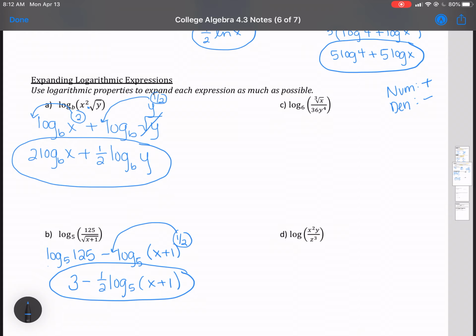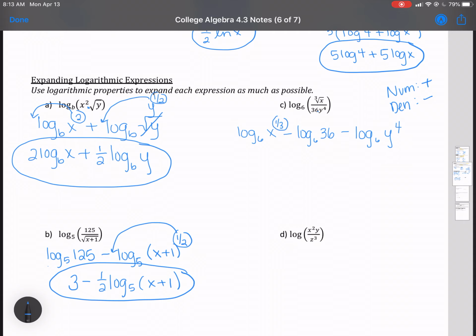If we look at the numerator, we have log base 6 of the cubed root of x, which I'm going to rewrite as x to the 1/3 power. And now we have two things in the denominator. We have 36 times y to the 4th. So we have minus log base 6 of 36, and then also we have minus log base 6 of y to the 4th. Okay, so since we're multiplying two things in the denominator, we're going to write it as two separate logs. And now we can simplify.